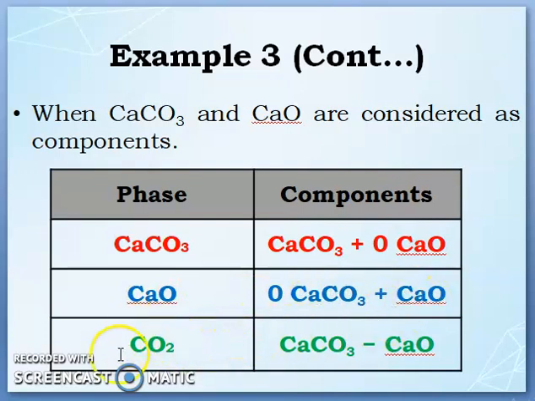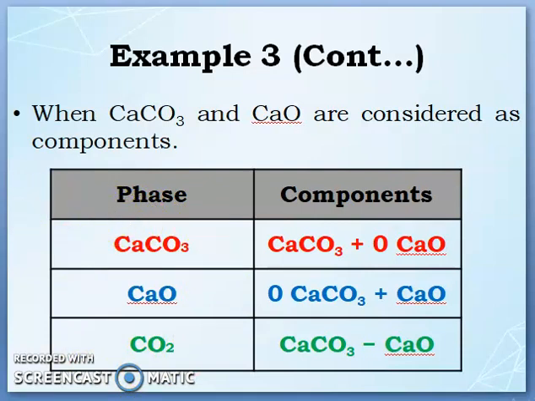If you want to define the carbon dioxide phase, you can write: calcium carbonate minus calcium oxide. Hence, using these two chemical constituents, you can define all the three phases very easily.